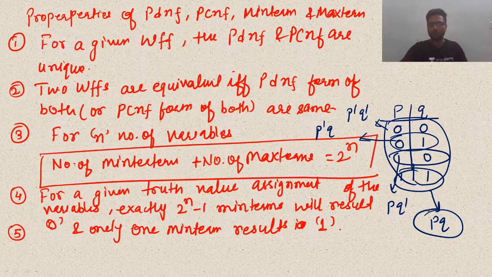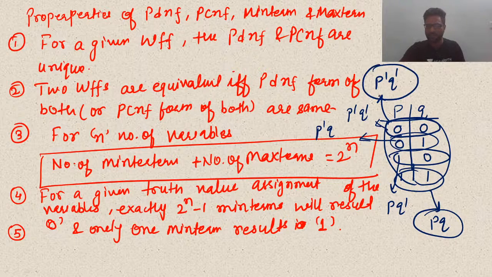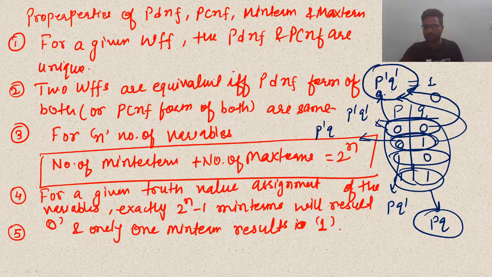For a given truth value assignment of the variables, let's say the first one, p dash q dash, which represents one min term. Put the first row into these variables. 0 complement becomes 1, and again 0 complement becomes 1, so the output will be 1. If we put the second row in this expression, the output will be 0.